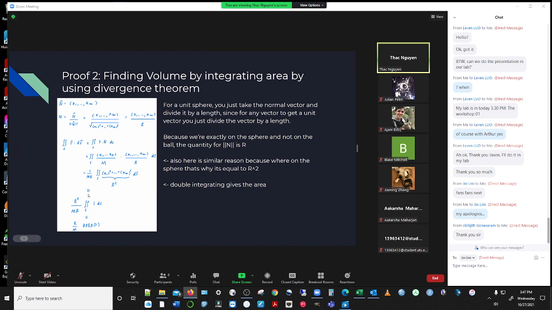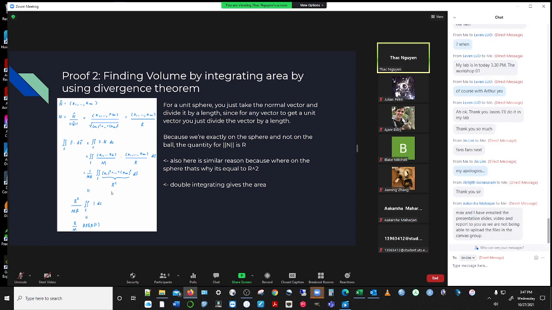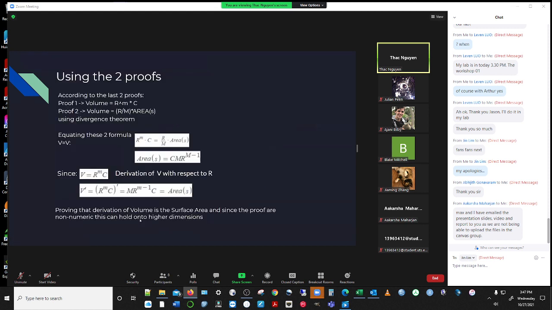We can also put the r squared to the front over mr, leaving the double integration of 1 dS, which gives us the area. So it concludes that the volume equals r over m times the area.